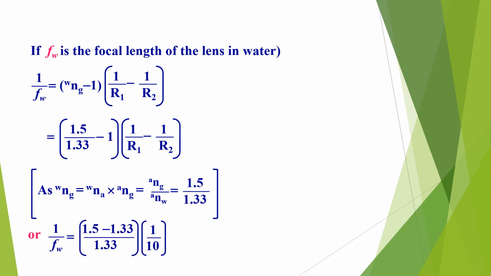By solving this, 1 by the focal length of the lens in water is equal to 1.5 minus 1.33 divided by 1.33. Here we have taken the LCM 1.33, and under the bracket 1 by R1 minus 1 by R2, that value will become 1 by 10 by substituting. By solving this, we get the focal length as 78.2 centimeter.